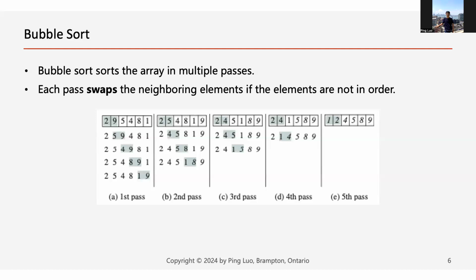Then the second pass is 5 minus 2, so 3 steps. The third pass is 5 minus 3, which is 2. And the fourth pass is 5 minus 4, which is 1.